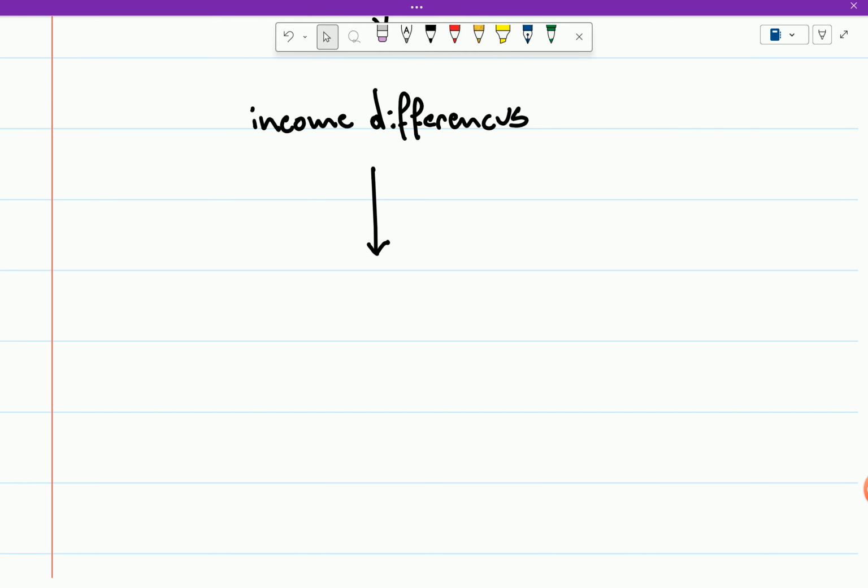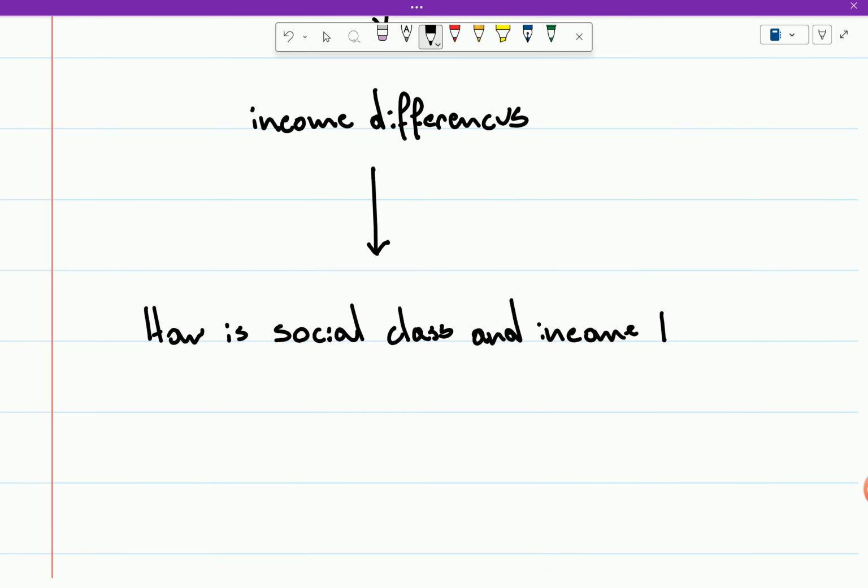You might want to write this down as you go along your thought process. So, how is social class and income linked?